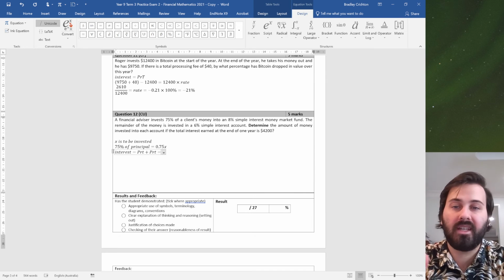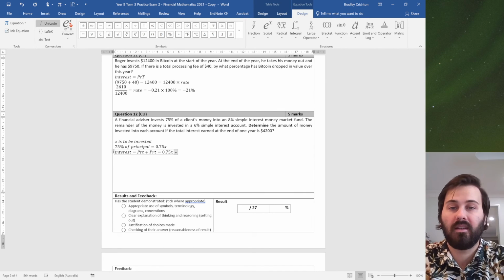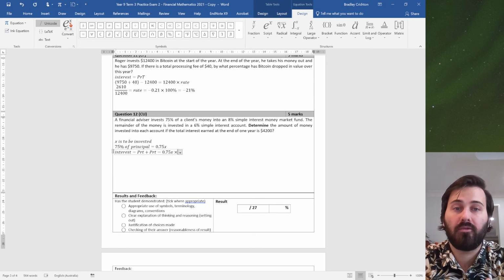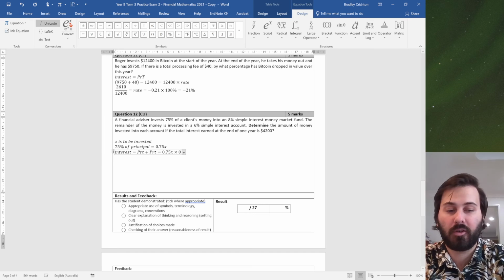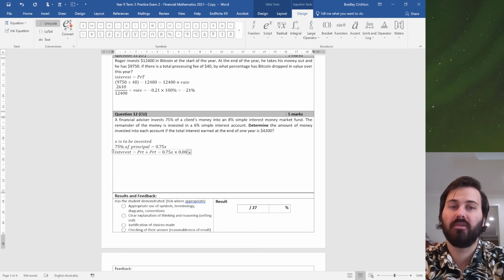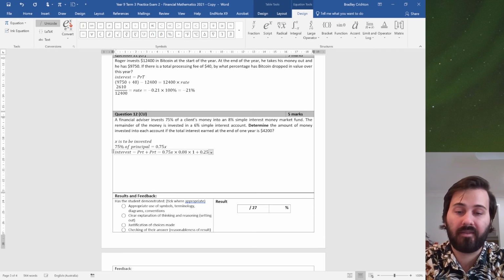So our initial principal is 0.75x times the rate. It says here it was a rate of 8%, which is 0.08 as a decimal. And this is over 1 year, so we multiply it by 1. Plus our second account is 0.25x.